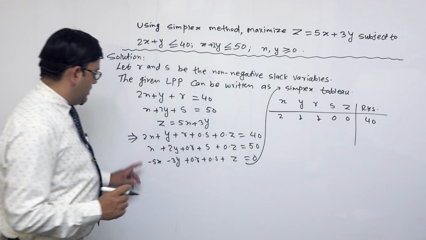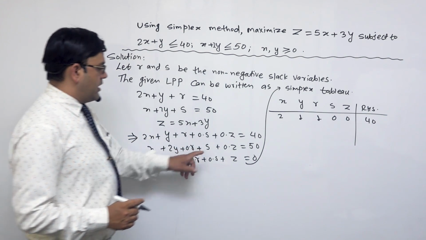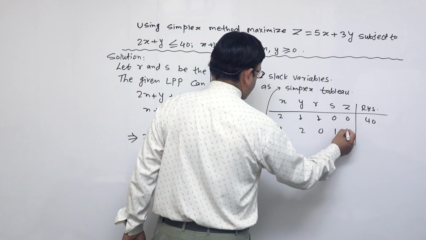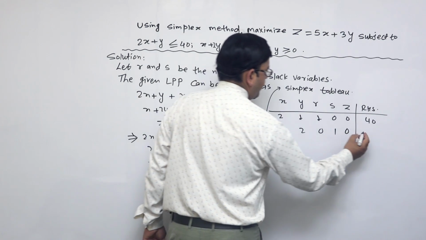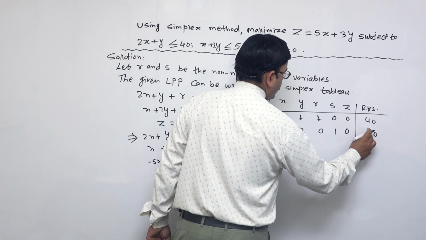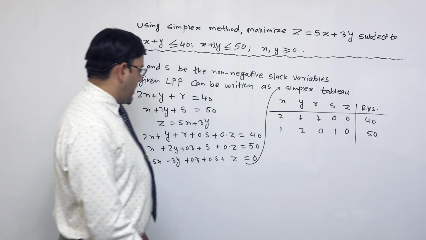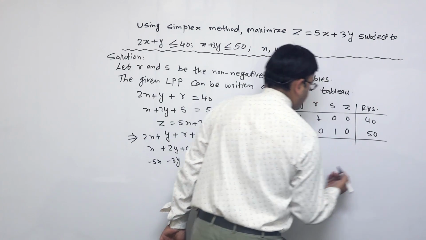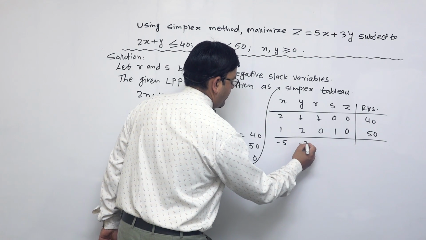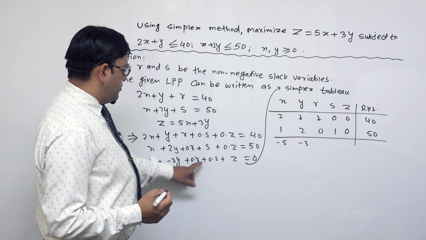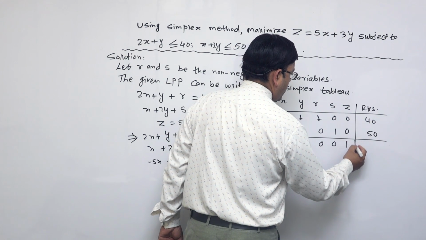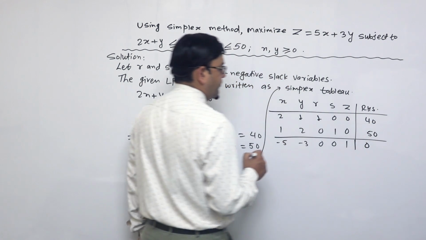Similarly we have 1, 2, 0, 1, 0, and RHS 50. Again we have -5, -3, 0, 0, 1, and RHS 0.